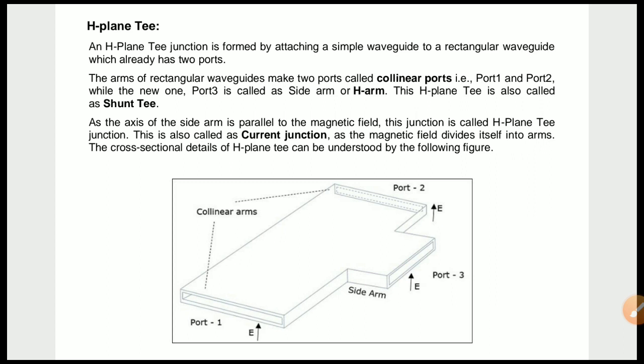There is a 3 by 3 or 4 by 4 matrix for these Ts. Along with that, there is a scattering matrix for bidirectional couplers and isolators also, but you should prepare for Ts.